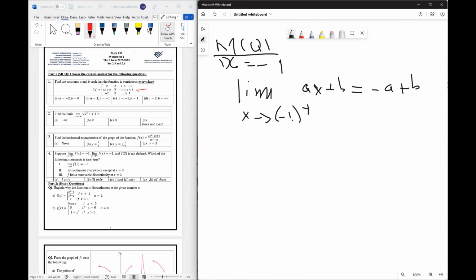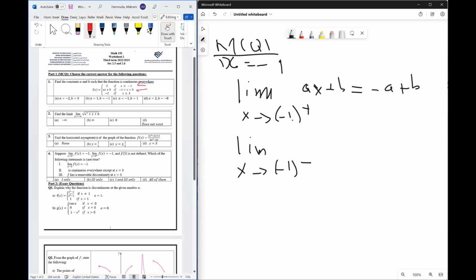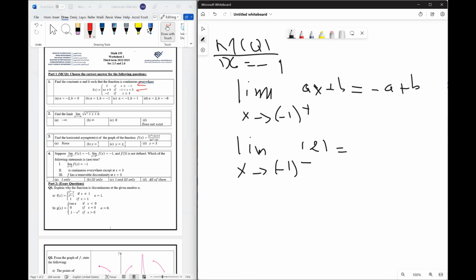On the other side, limit x approaches -1 minus, and the expression for -1 minus is given by the first one here. So it is the limit of 2, so it is equal to 2.